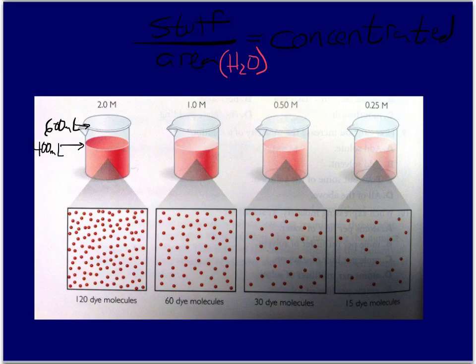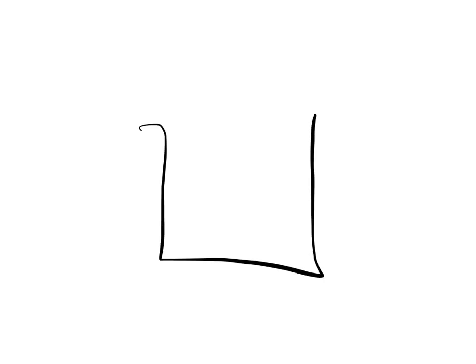You can maybe taste it, and if it tastes saltier, that's more concentrated, and something that's only slightly salty. But you can't always see concentration necessarily. In the case of dye molecules, you can because they're visible. So if we have a particular solution inside of a container, that means we'd have a certain amount of water, and we'd have a certain amount of stuff dissolved inside there, and that would create a particular concentration.